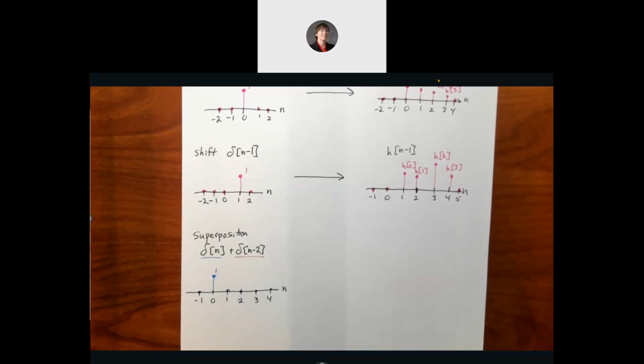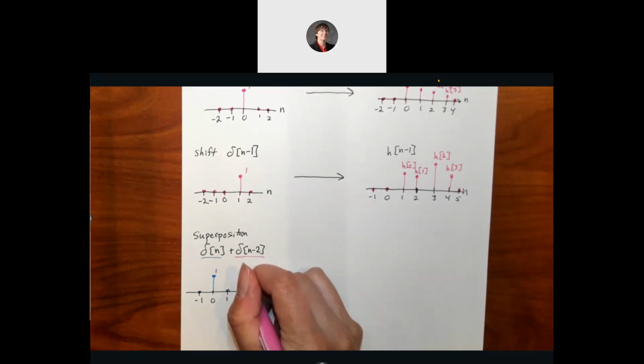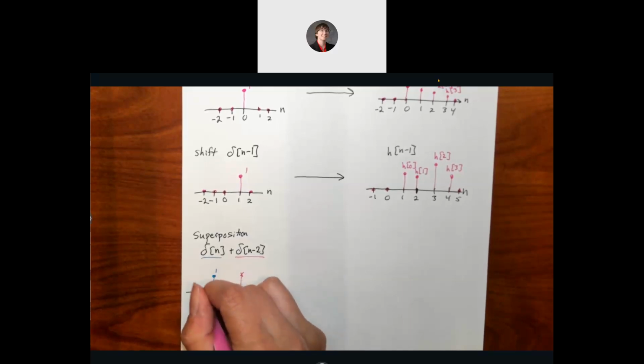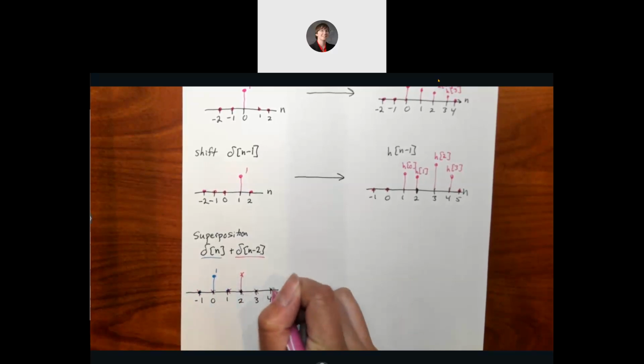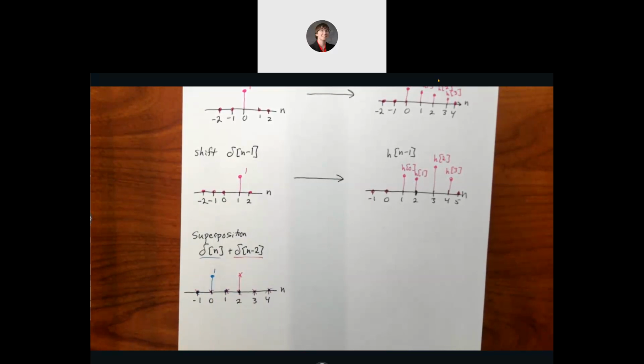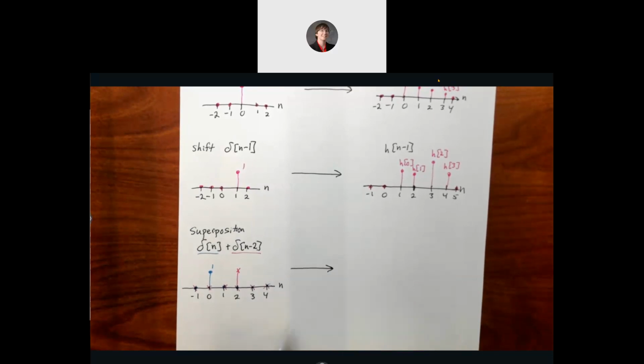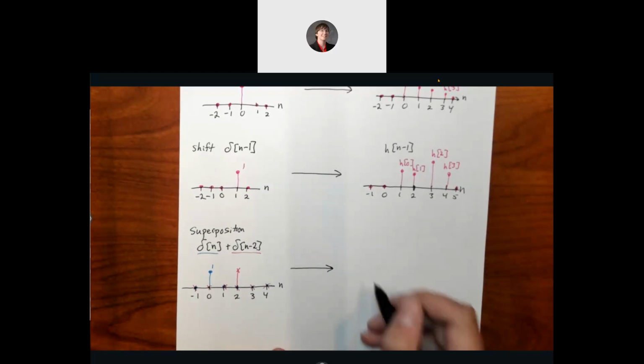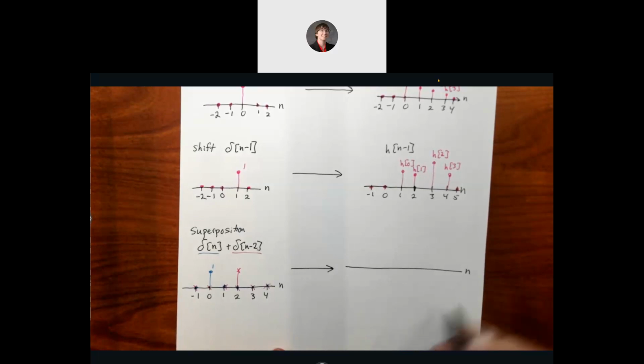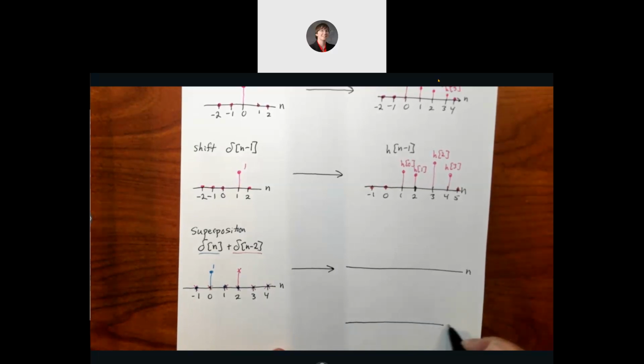And my delta n minus 2, the impulse is going to occur at n equals 2. So my overall signal would be the sum of those two. And so if I pass this into my LTI system, I'll do the individual, and then we'll see when we combine them.